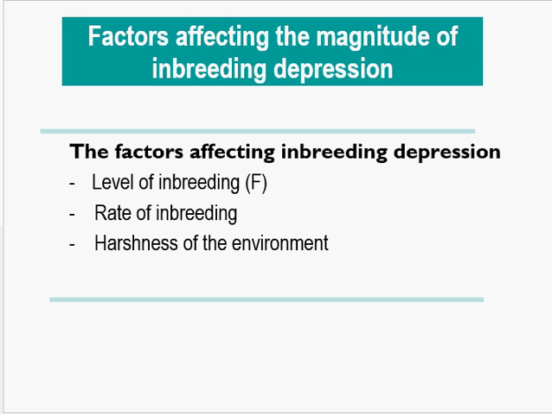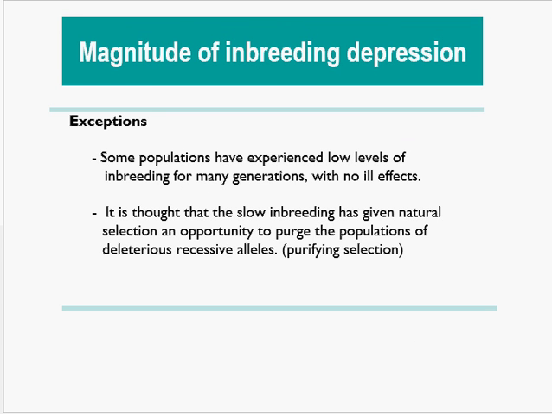Some populations may experience low levels of inbreeding for many generations with no effects. So you can get some inbreeding, and that can actually act to bring deleterious alleles together, and those individuals will be eliminated from the population, and therefore you would lose those deleterious recessive alleles.